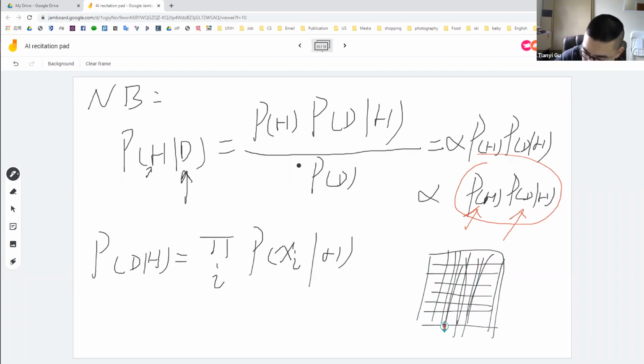So you have a pixel value, whatever 7 is, and then for each pixel, you say, okay, I have all the images of 7s, and I start to count. What's the probability of this pixel being 1?